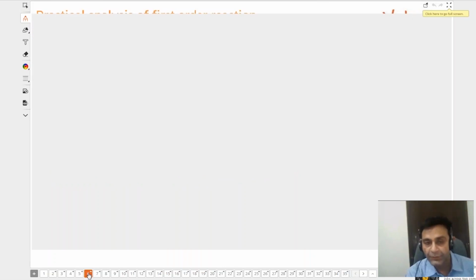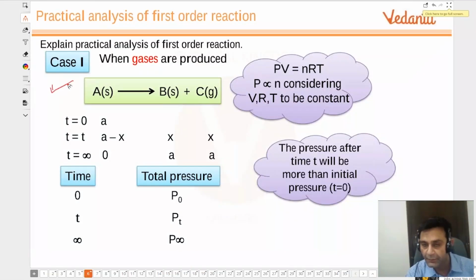Now, suppose I have this equation. A is a solid, B is a solid, C is a gas. At time t, I have the concentration of A, but C is 0.